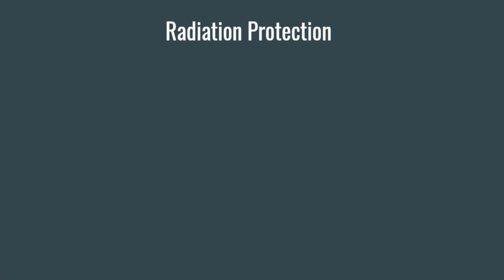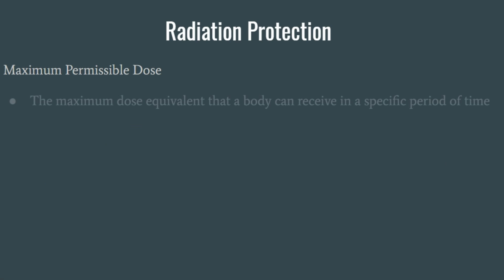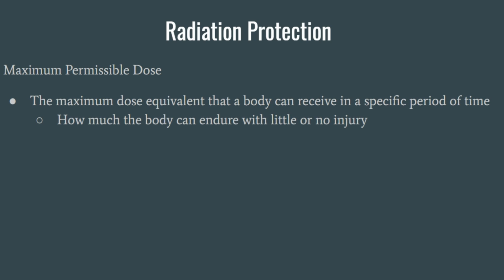And the last thing here with radiation protection is the maximum permissible dose. That is the maximum dose equivalent that a body can receive in a specific period of time, or how much the body can endure with little or no injury. And there are some limits here. For an occupationally exposed individual, which would be a dental assistant or anybody in the dental office, that is 5.0 rems per year.